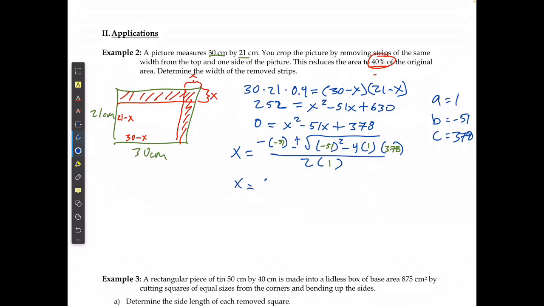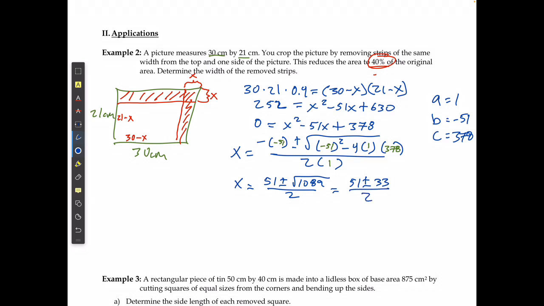X is equal to positive 51 plus or minus the square root of 1089, divided by 2, which would be the same as 51 plus or minus 33 over 2.